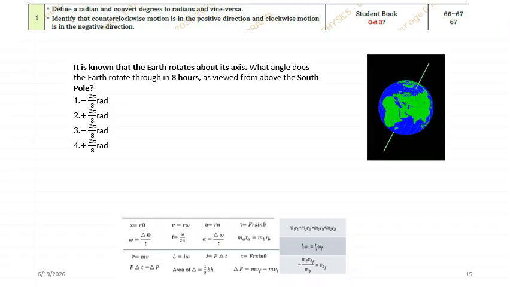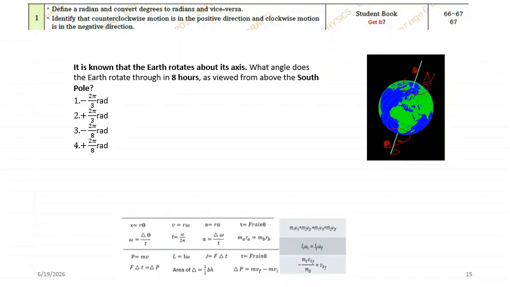Okay. So let us look at this situation. See over here, this is north pole and this is south pole. Suppose you are standing over here and looking at the earth, you can see earth is rotating in the counterclockwise direction. But suppose you stand over here and look, then you feel the earth is rotating in the clockwise direction.